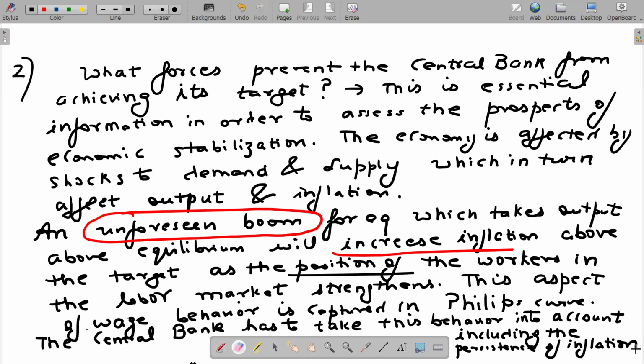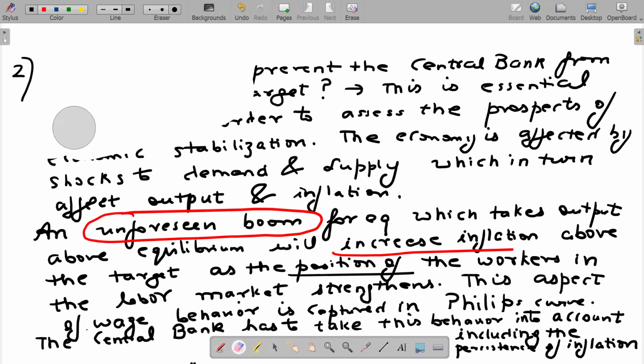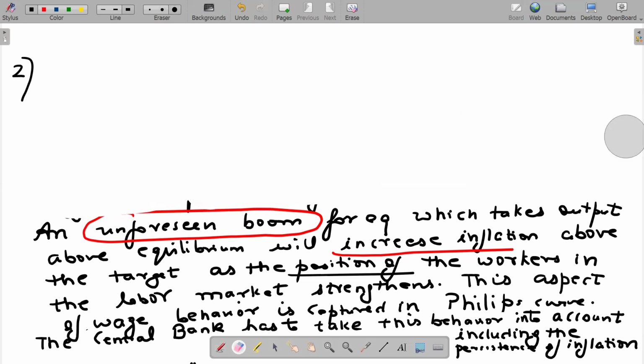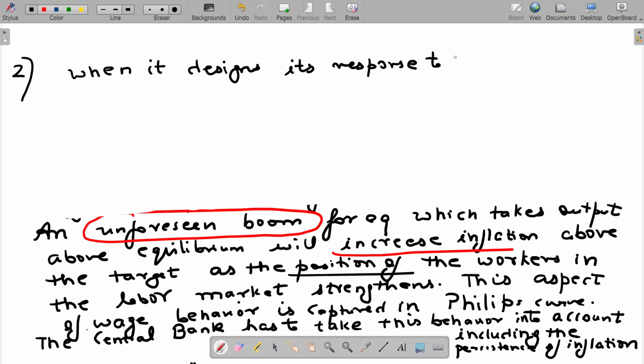Because of the lack of space, I can erase the initial portion and continue the explanation on the top. The central bank has to take this behavior into account, including the persistence of inflation, when it designs its response to the boom in the economy.